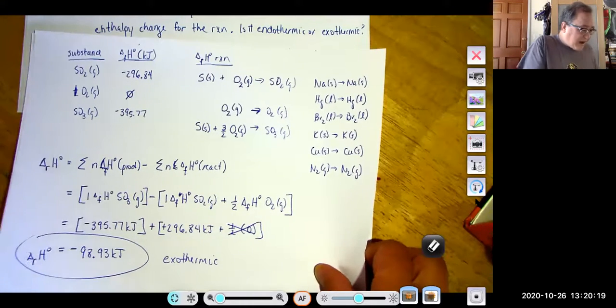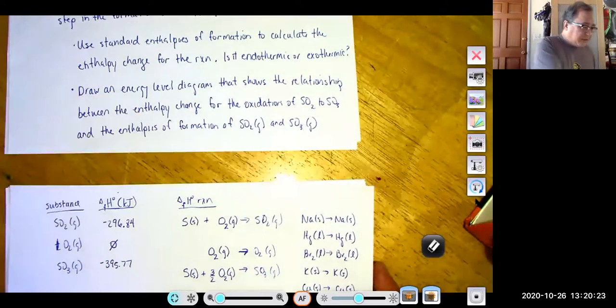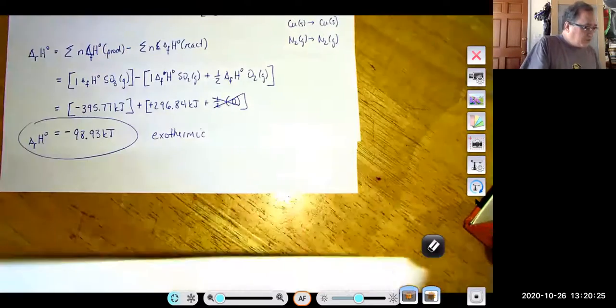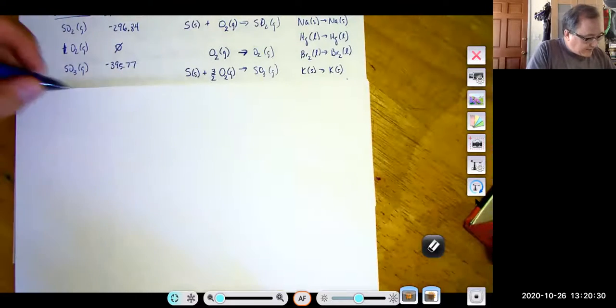Now the next thing we're asked for is to draw an energy level diagram to show the relationship between these.